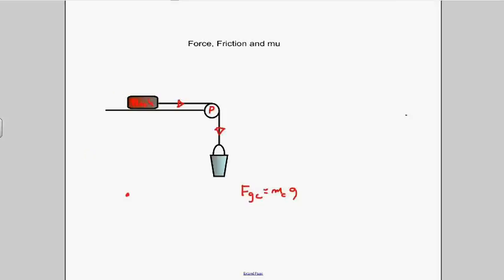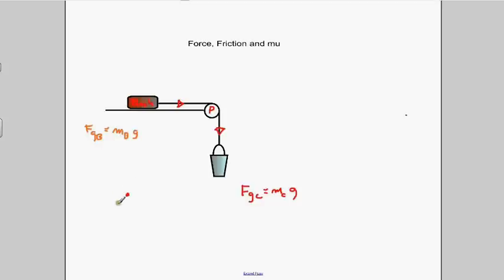We're going to call that the force of gravity of the block, and that's going to be equal to the mass of the block times gravity. So the only thing that doesn't change in these two equations is the gravity part.